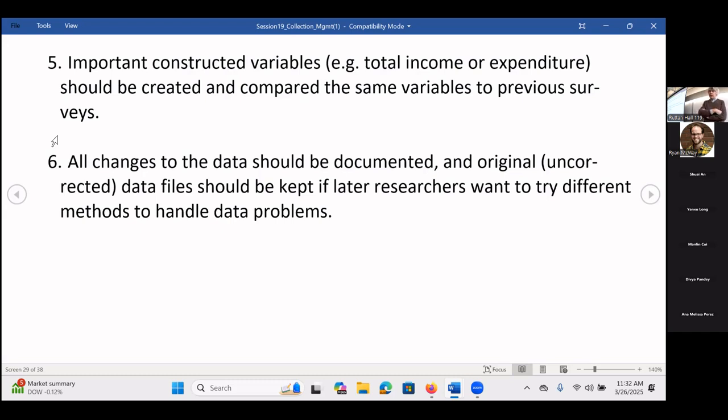Does this ever come up with referees, or do they just accept that you did primary data collection and it's messy? No, referees can say, look, this has so many problems that we just can't trust this data.